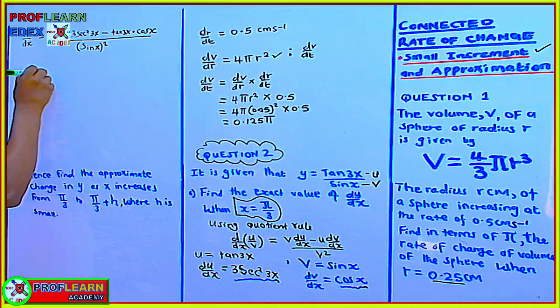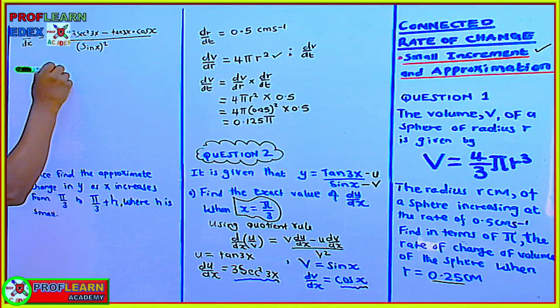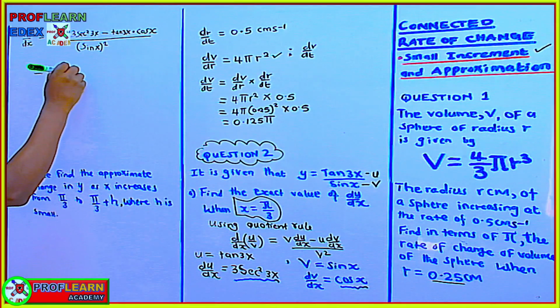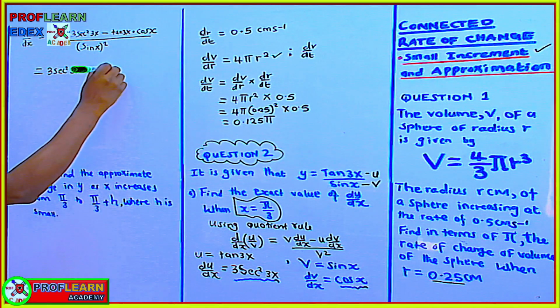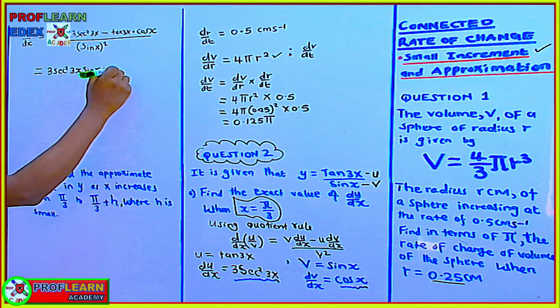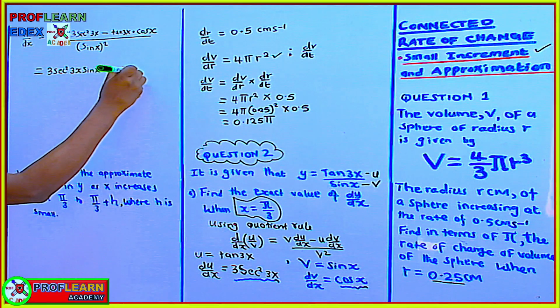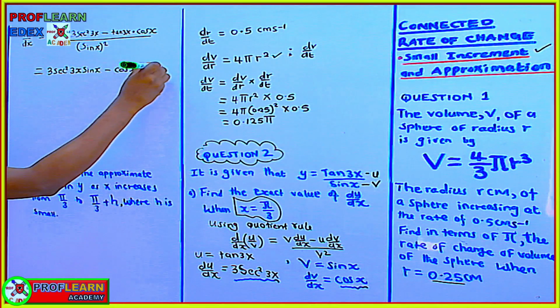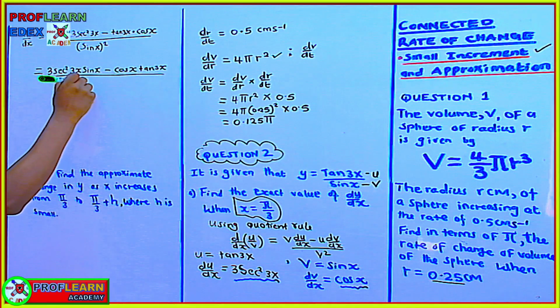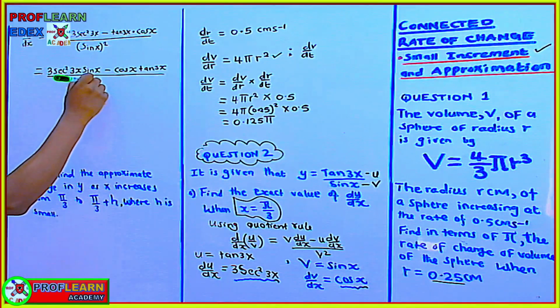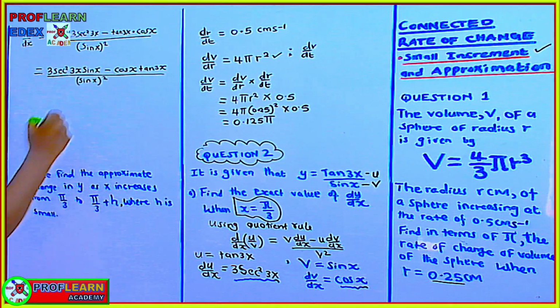So this expression can be written as 3 sec squared 3x sine x minus cos x tan 3x, and everything divided by sine x raised to power 2, that is squared.